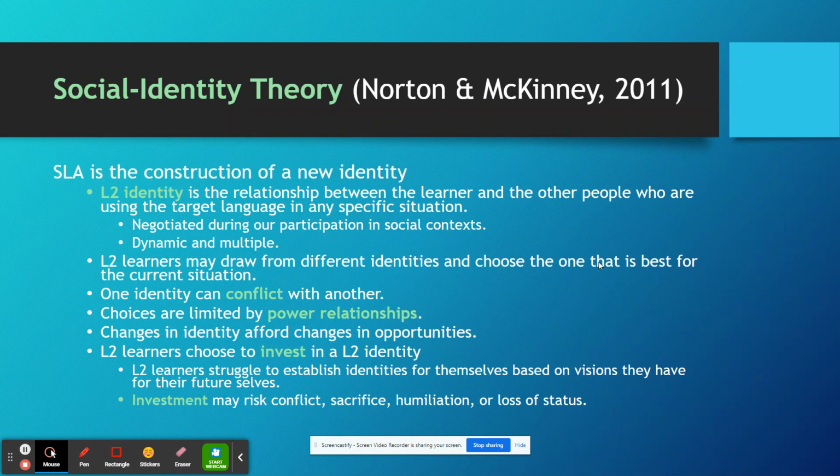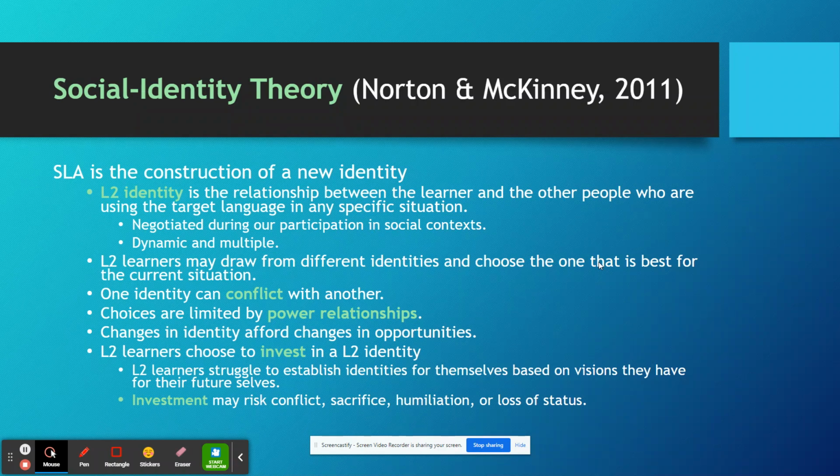And it also does not mean that our new identity will be based completely on our relationship to all native speakers of the target language in all situations. Instead, it's like you are trying to participate in one situation, and that participation involves you having a relationship with that situation and those people, and that is an identity.